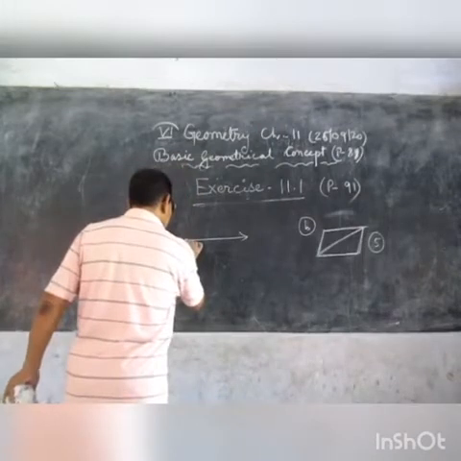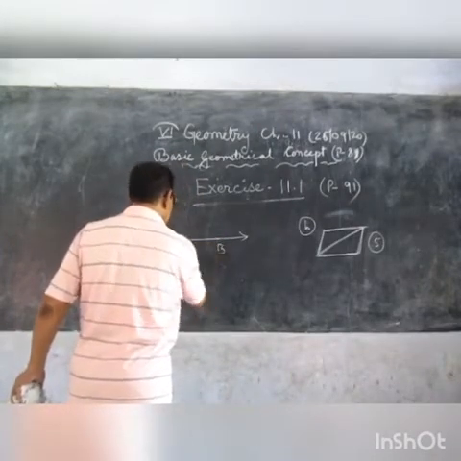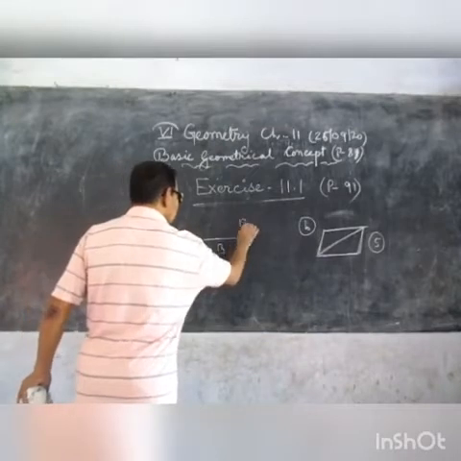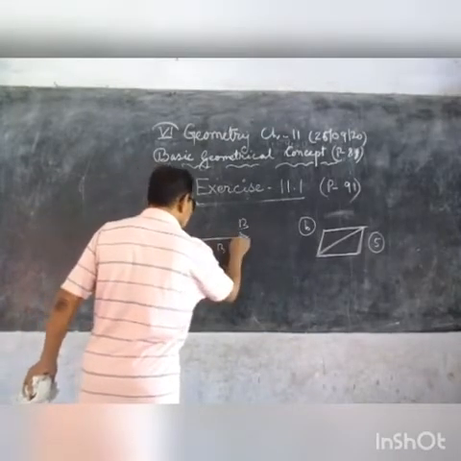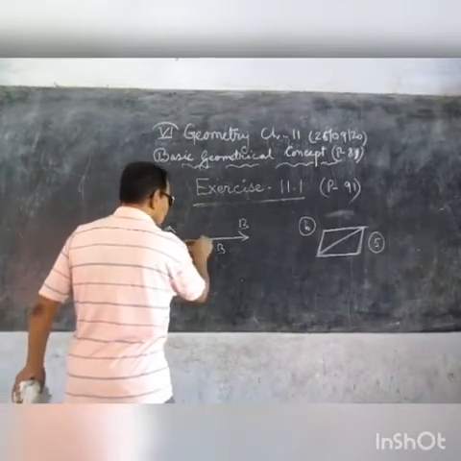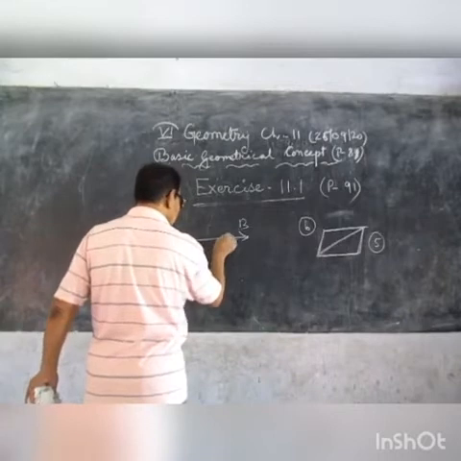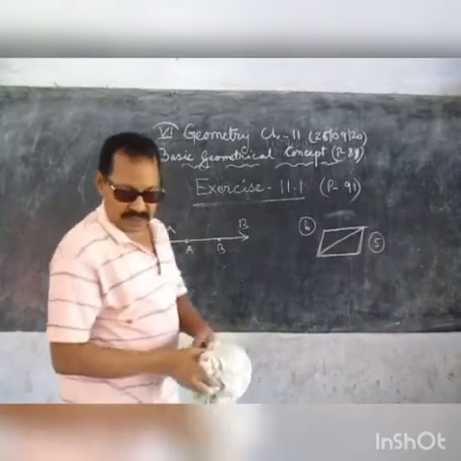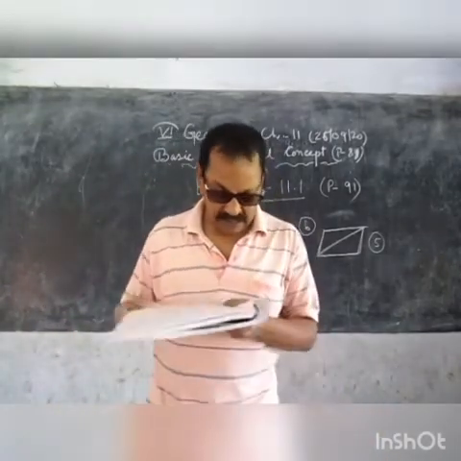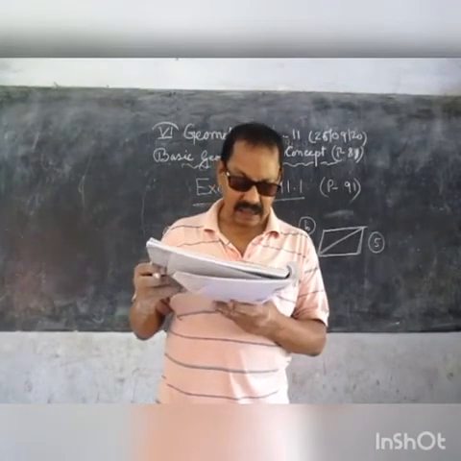But a line segment has two end points. It is line segment A, B. This is line A and B, which you can extend endlessly on both sides. But a line segment is a part of a line which has two end points. This is the difference.